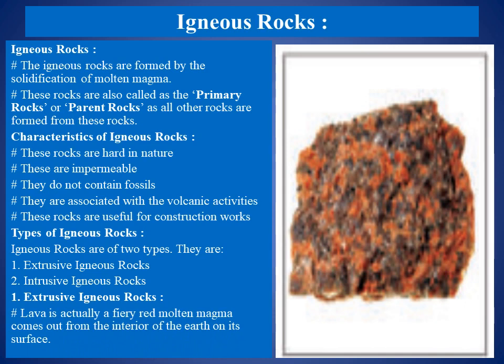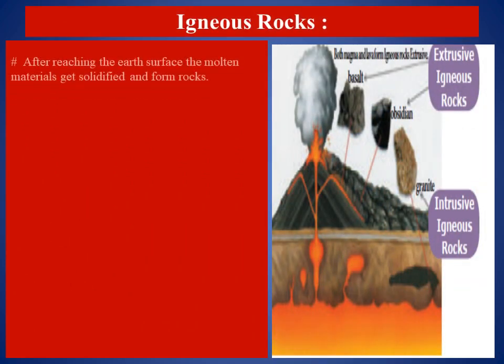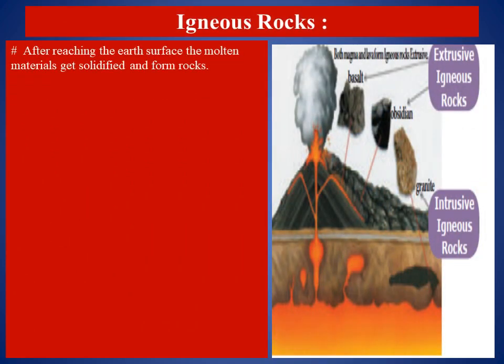In a volcano, the lava is actually a fiery red molten magma that comes out from the interior of the earth onto its surface. After reaching the earth's surface, the molten materials get solidified and form rocks.